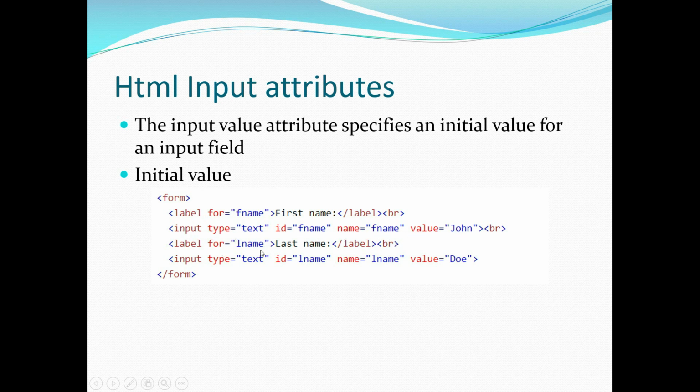Okay, another is the last name label, and its initial value is Doe. So the value attribute specifies the initial value. If I say in more detail, this is the text field, its ID is lname, and its name is also lname, and its initial value is Doe.